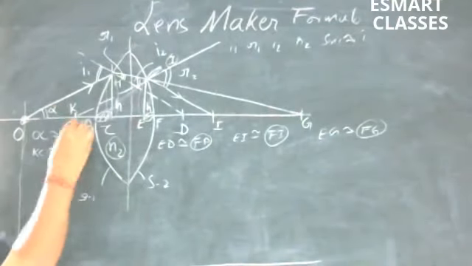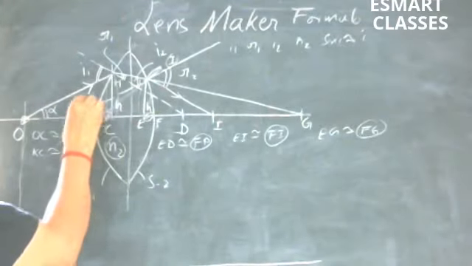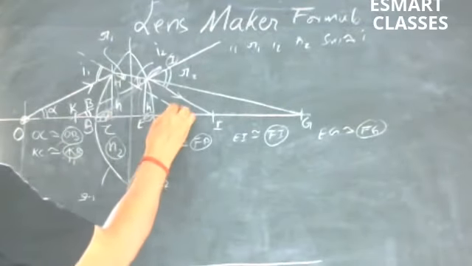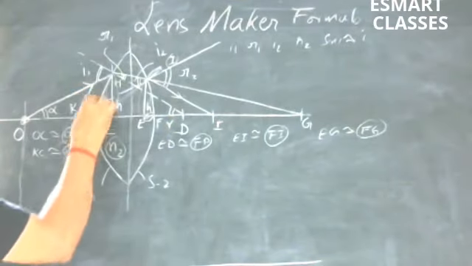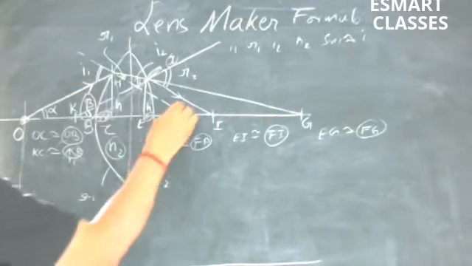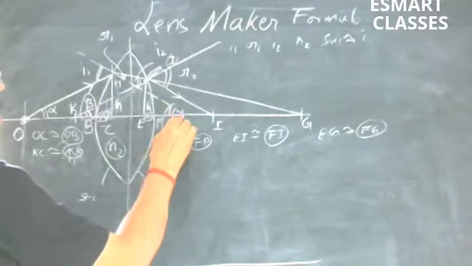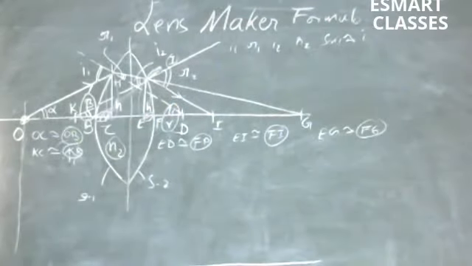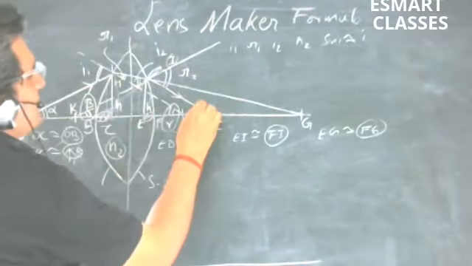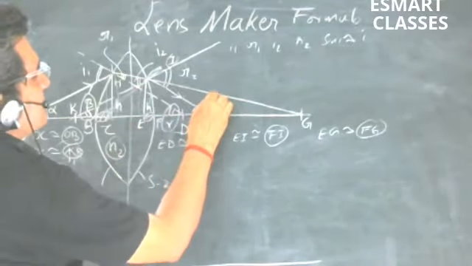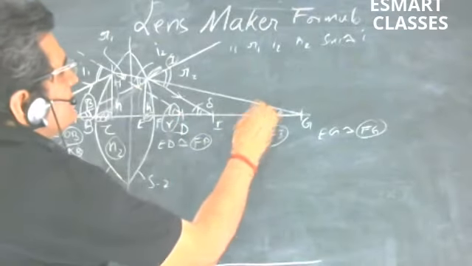Take this as alpha, take this as beta, take this as gamma, and circle these two angles, beta and gamma, because these are important, as they both pertain to the radius of the surfaces. Alpha, beta, gamma, let this be delta, and let this be lambda.